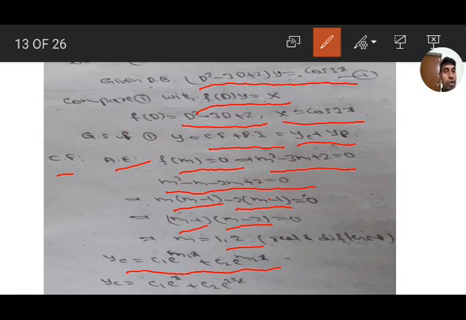Therefore yc equal to c1 e to the power of x plus c2 e to the power of 2x. It is the complementary function.